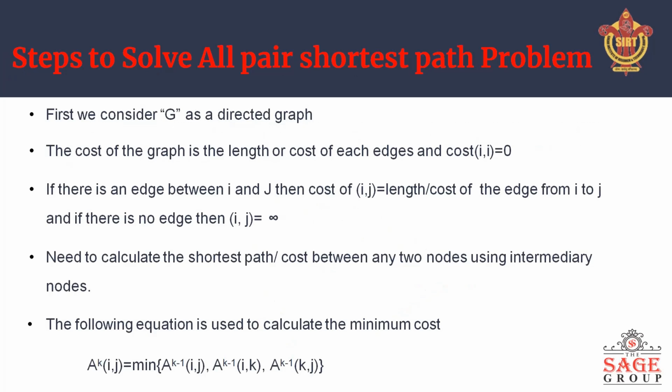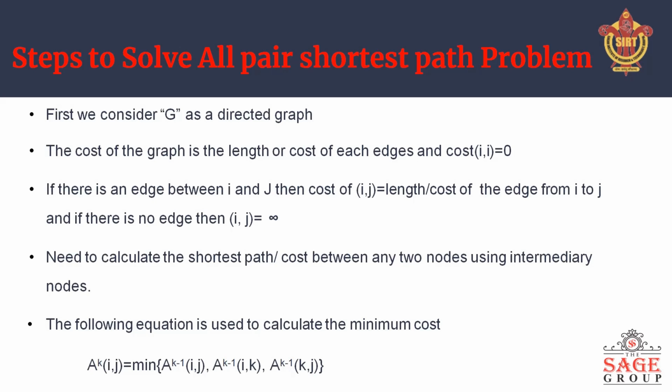First, we consider G as a directed graph, where the direction of edges is given. The cost of the graph is the length or cost of each edge. Cost of (i, i) means there is no concept of a self loop, so in the cost matrix, we put cost of (i, i) equal to 0.